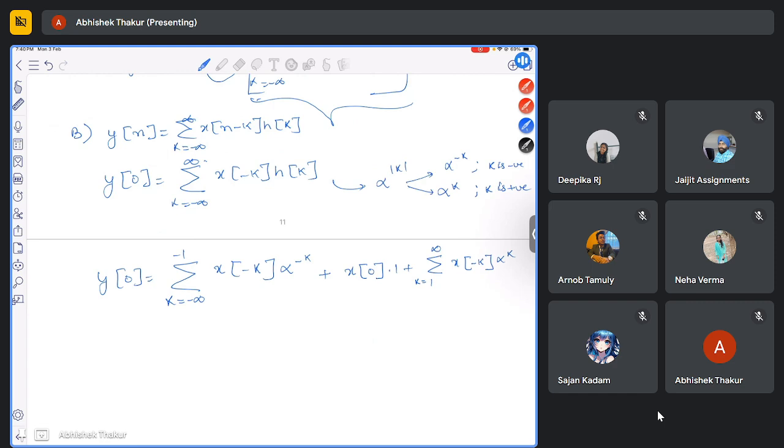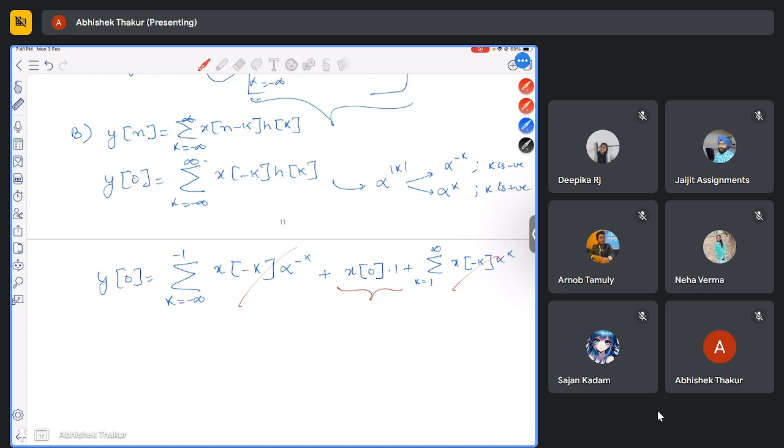Now, if the input is odd, these two summations will cancel each other. The only term remaining is this remaining term. Therefore, output y of 0 is equal to x of 0.